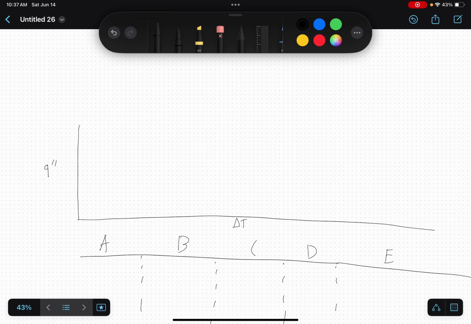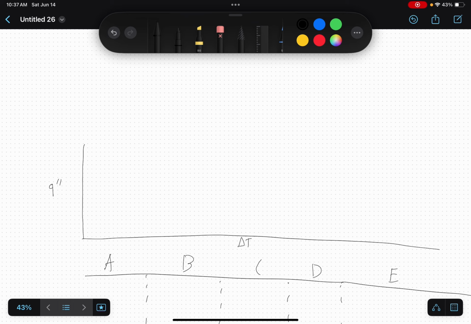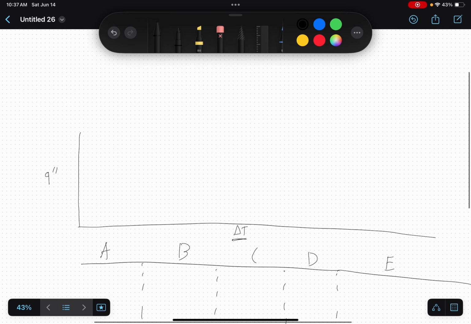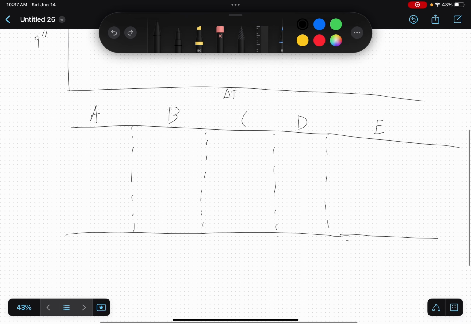Well, it's this plot that I haven't filled out yet. The x-axis is delta T. So in my example, I'm going to be using water flowing through a pipe. So the delta T is going to be T pipe minus T water.